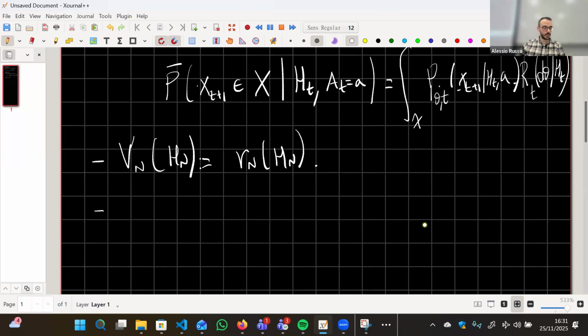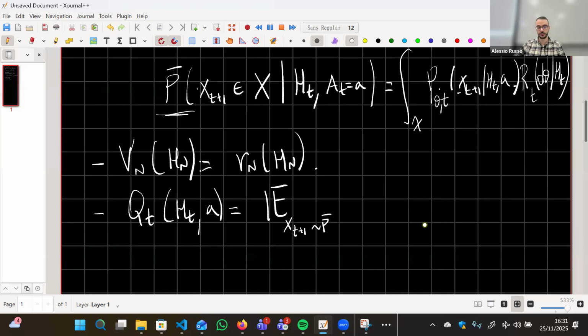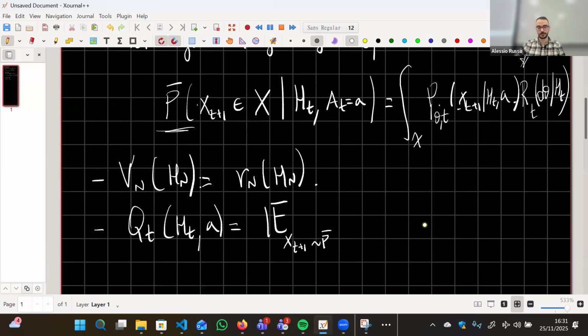And then from now on, I define the Q function at time step t for a given trajectory ht and action a to be the expectation over the next observation. But where do we sample this observation from? We sample it from this posterior distribution, this transition here that we defined before.